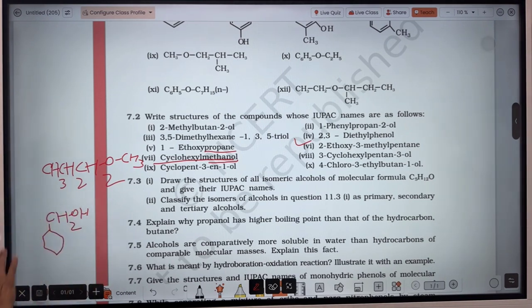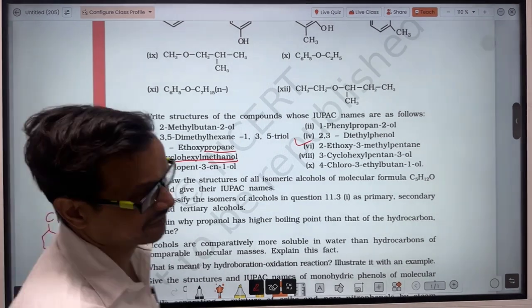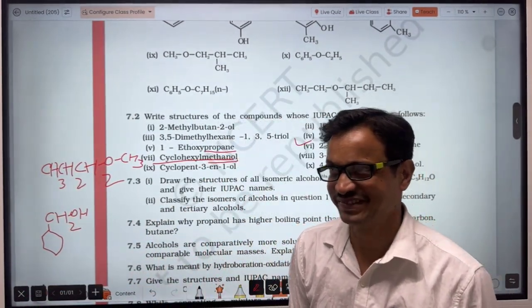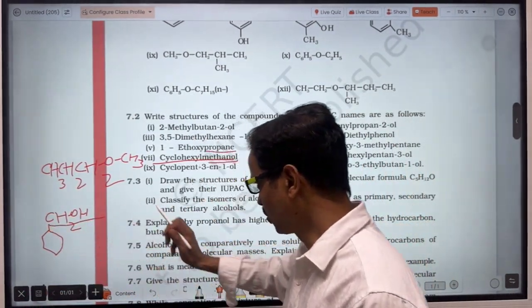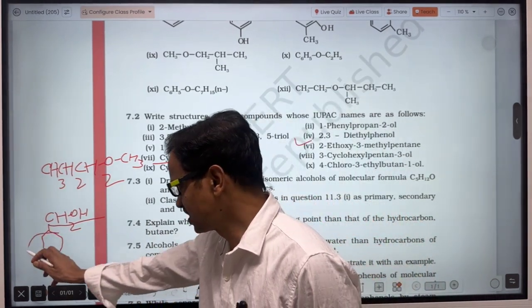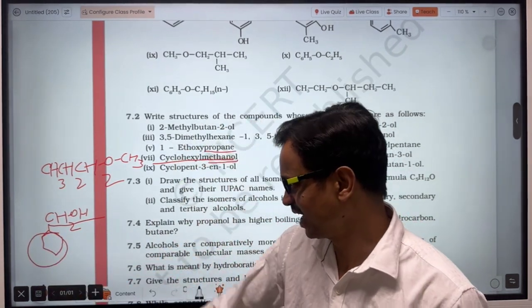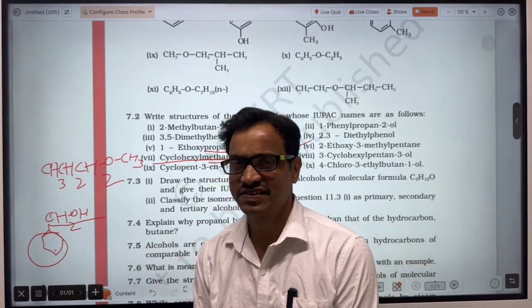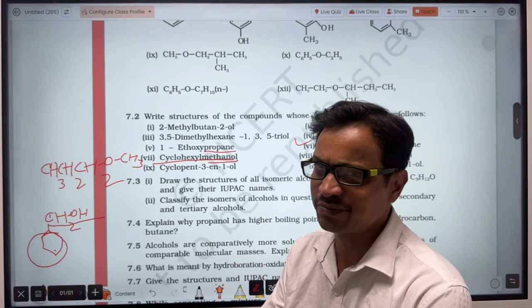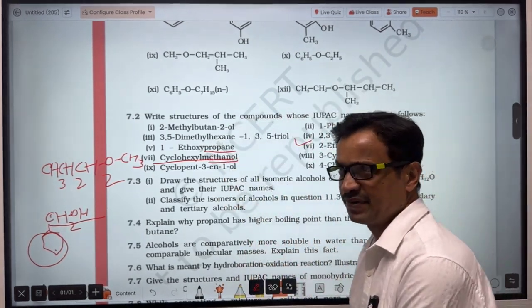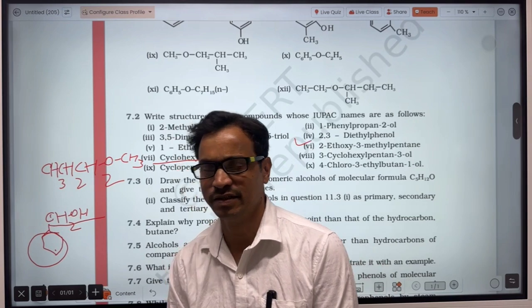If this structure is given and it asks you to write the IUPAC name of this compound, since in the open chain there is a functional group, the closed chain will be considered as a substituent. So at the first position there is cyclohexane, so we will write cyclohexyl, and that will be at 1 position. So either you write 1 or don't write it, and appropriate will be 1-cyclohexyl.